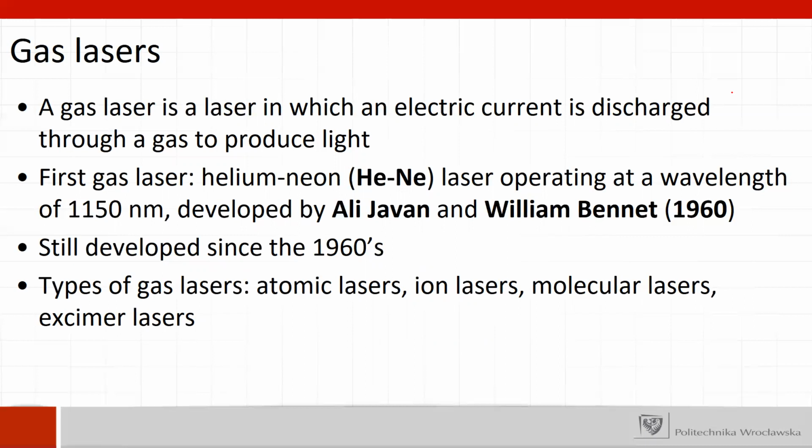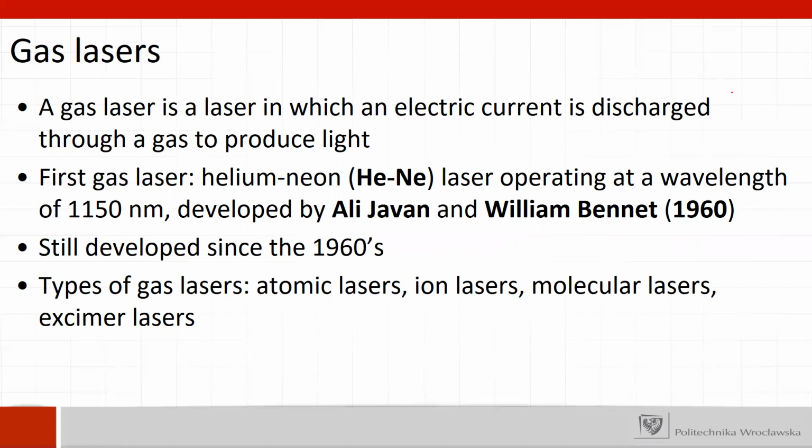The electric discharge releases a huge amount of energy, and the atoms are excited because of this discharge. Then, when they are excited, we break the thermal equilibrium, and we can induce population inversion and obtain emission.